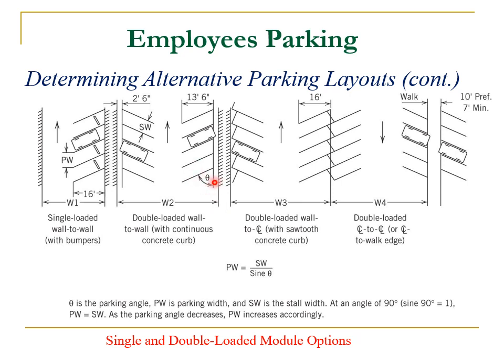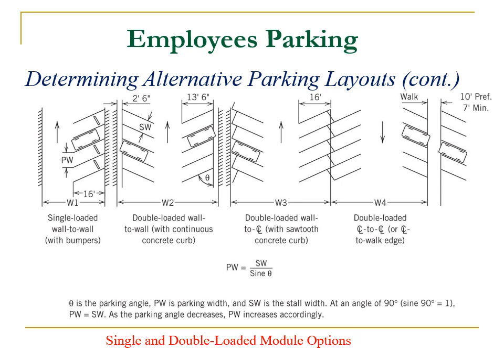This is represented by delta, and if delta is, for example, 90 degrees, it means that you have a perpendicular parking space. But if delta is not 90, then you are parking at an angular position.